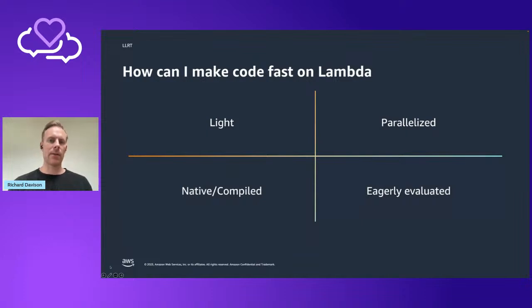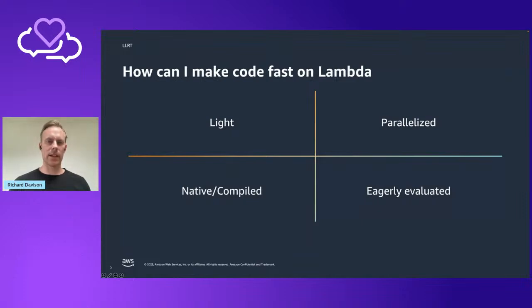So say you would want to have as low cost as possible. So naturally you pick 128 megabytes of allocated memory, which means that you will have the weakest CPU resources as well. So how can I then make it fast? I have to make my Lambda function light, because the weight of the Lambda function, or the package size that you deploy, directly affects your cold starts, because the code that Lambda pulls in and loads into the worker needs to be stored somewhere.